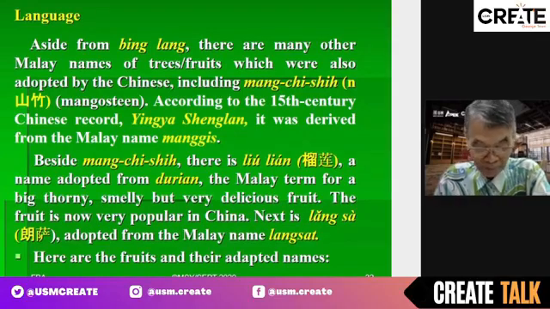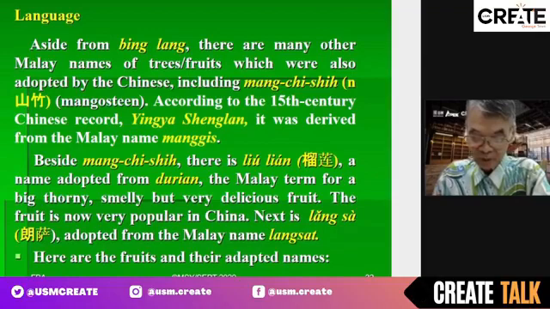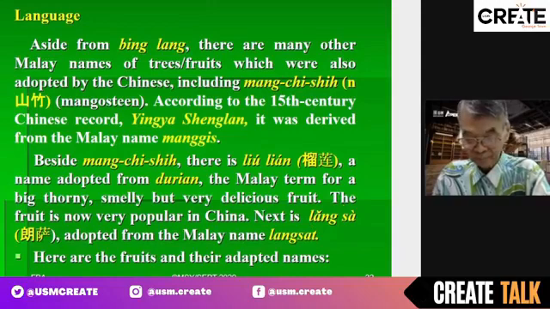Now, not only Manggis, but beside Mangqishi, there is also Liulian, a name adopted from durian, the Malay term for a big, thorny, smelly to some people, but very delicious fruit. The fruit is now very popular in China.